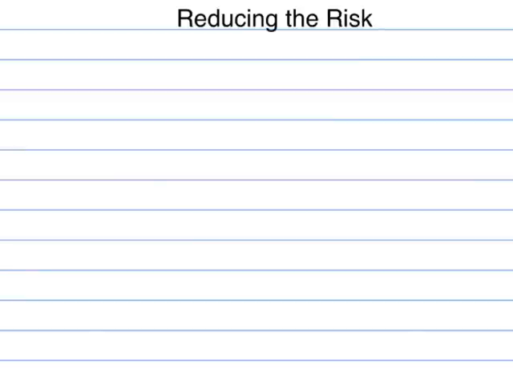So how can we reduce any risks caused by static electricity? First and foremost is to make sure appliances are earthed, and we'll look at how most appliances are earthed when we look at the third lesson on electrical safety.